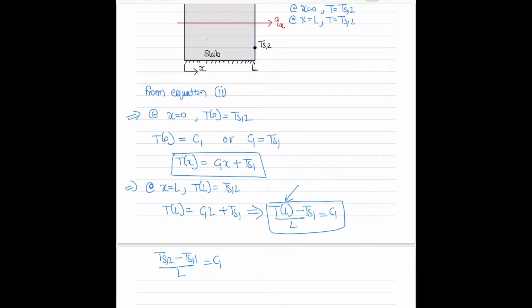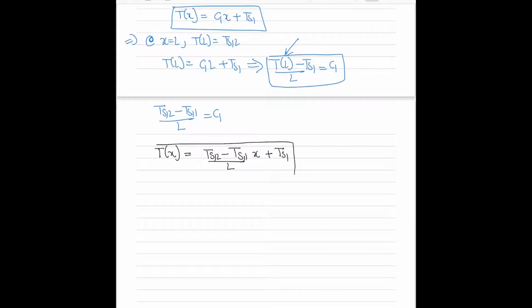Now substituting the value of C1 in this equation, I will get temperature as a function of x equal to Ts2 minus Ts1 divided by L into x plus Ts1.